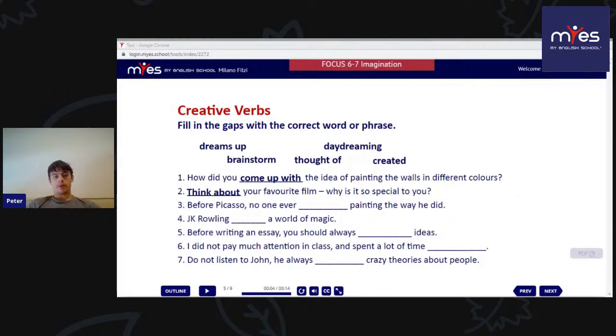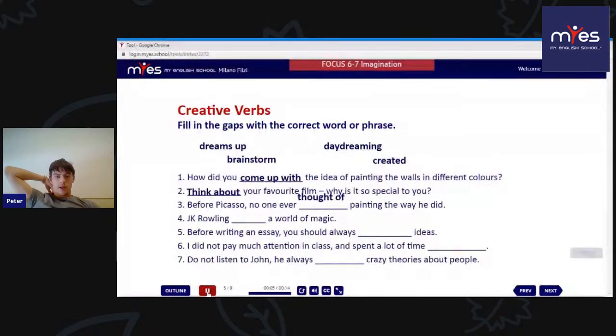What do we think for number 3? Before Picasso, no one ever thought of painting the way he did.